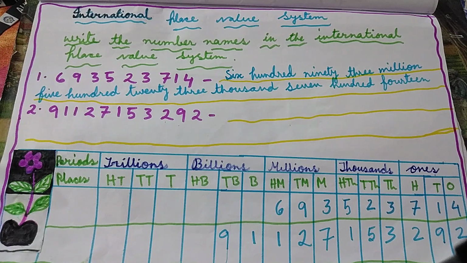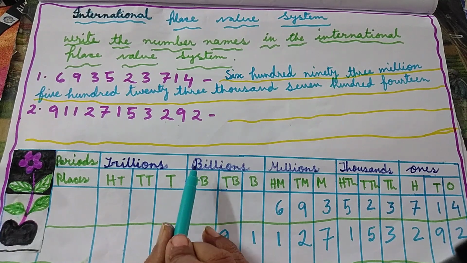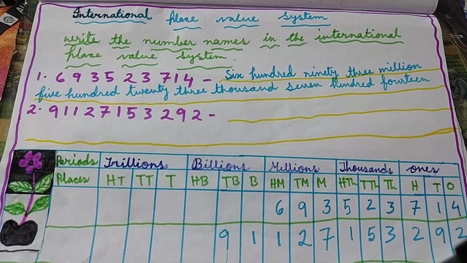How? See children, in billions period, in 100 billions place, no digit is there. Okay. So leave the place.